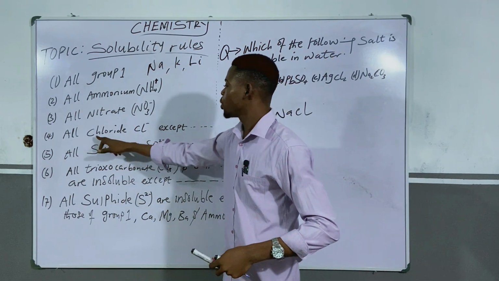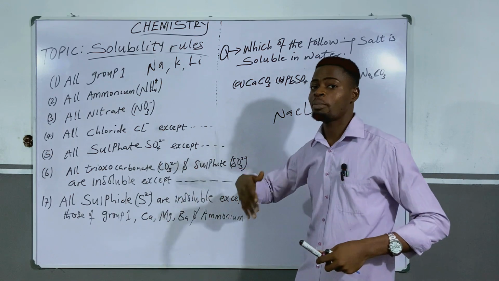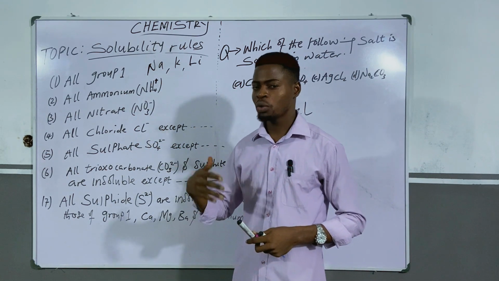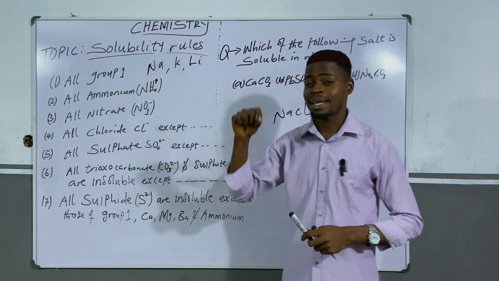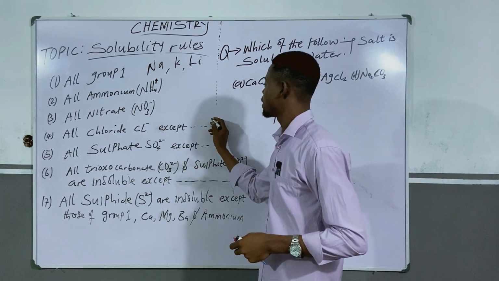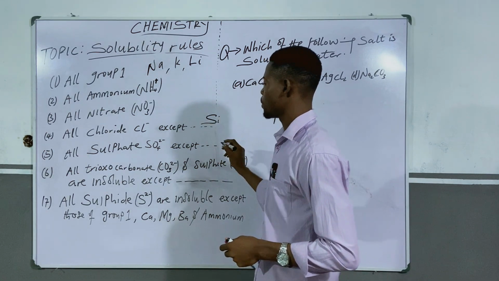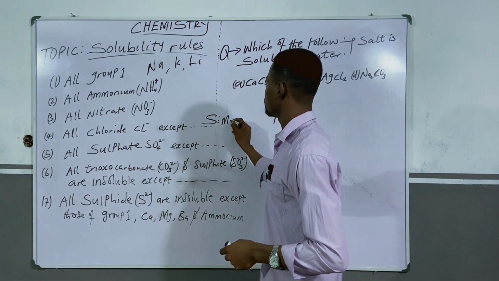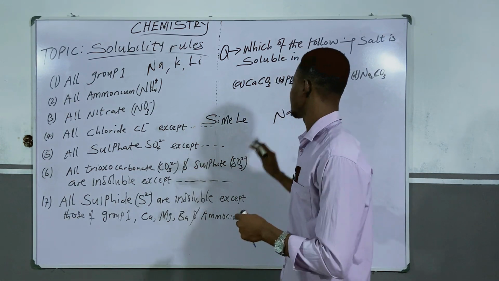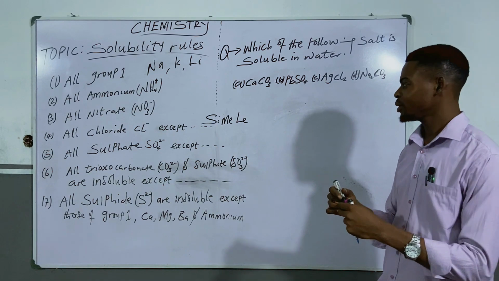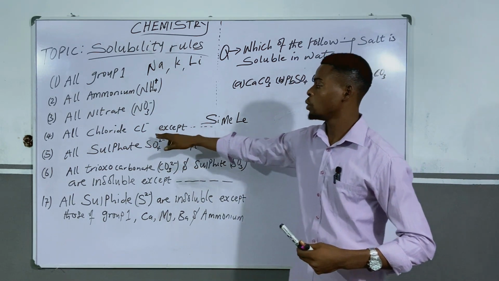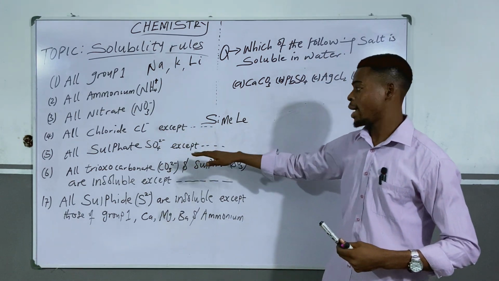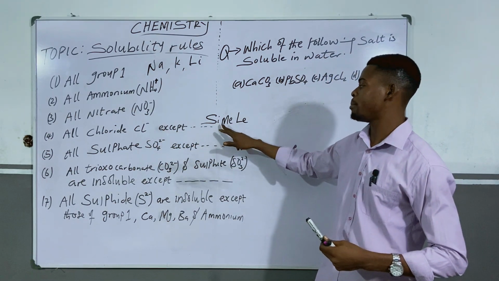All chlorides, that is salts of chlorine, are soluble, except those of silver, mercury, and lead.